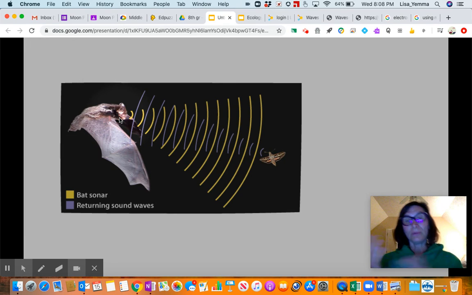Think bats flying through a forest, looking for not only prey, but things to stay away from. Remember that sound PBS special that I showed you in class not too long ago? We saw that bats actually detect such specific information about the insects. They literally can see parts of the insects and how to really hone in on catching that insect.